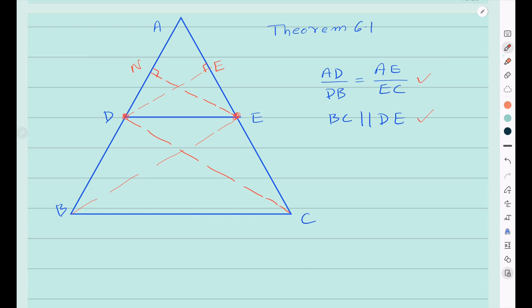You will notice that in triangle ADE, where is triangle ADE? This is what it is talking about.